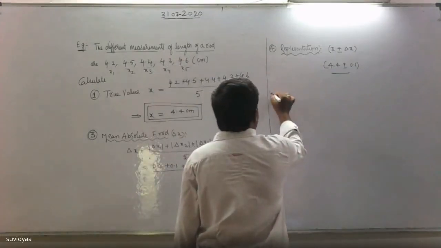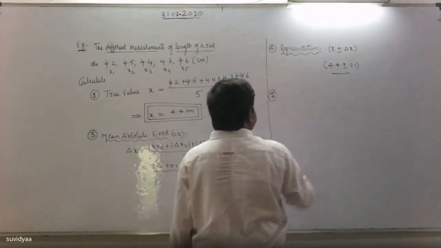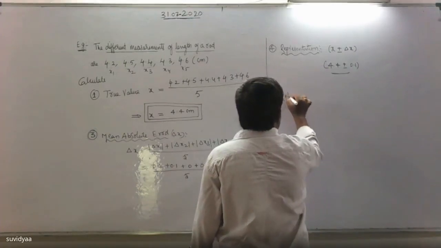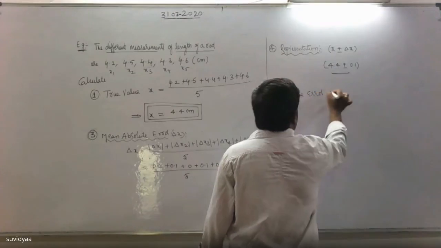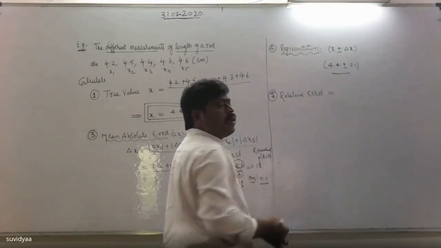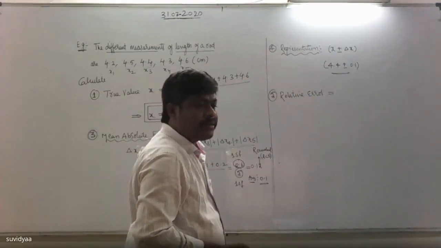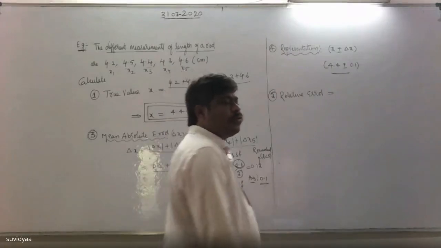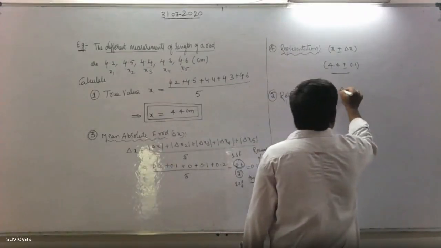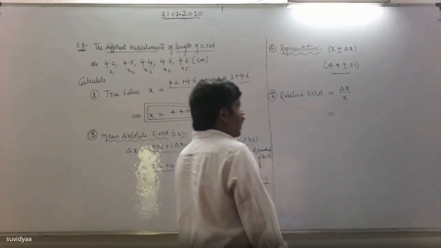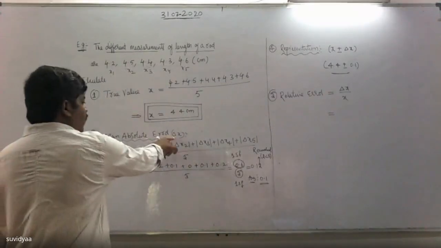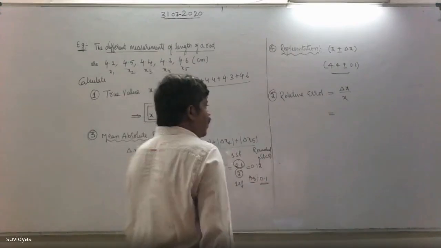Next, the fifth question. The fifth question is relative error. What is the formula for relative error or fractional error? Just now I told you. The formula is delta x upon x. That's all. Delta x, how much? 0.1.